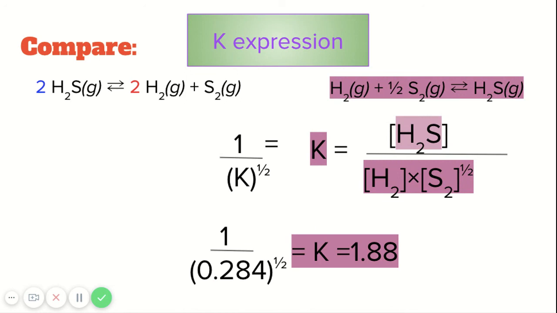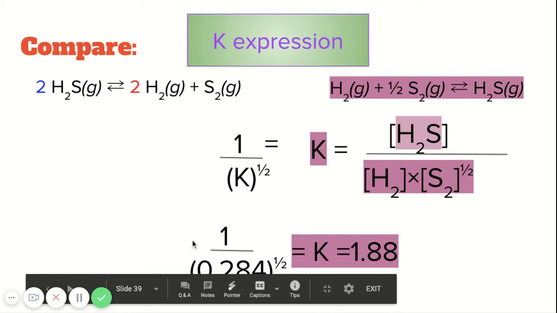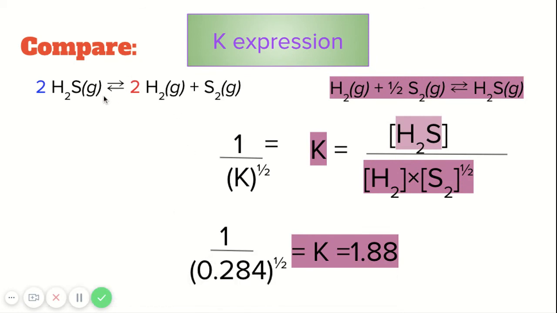Moral of the story. If you know k of one equation, if you know the k for the original reaction was 0.284, you could find the k for the reverse. All you have to do is find the reciprocal. You can find the k for a reaction that is multiplied by any number.